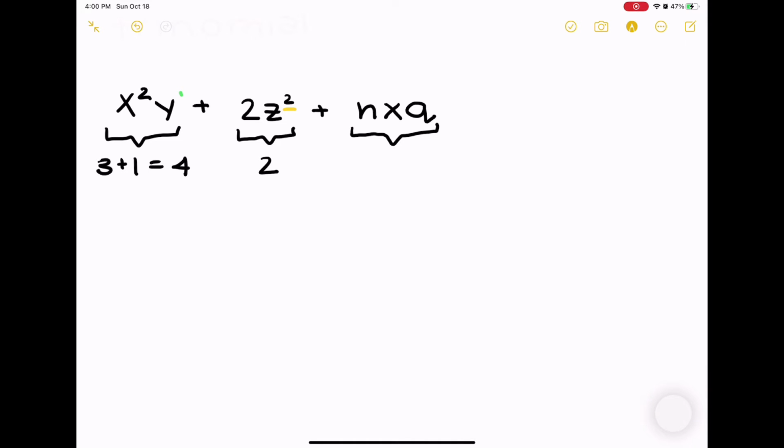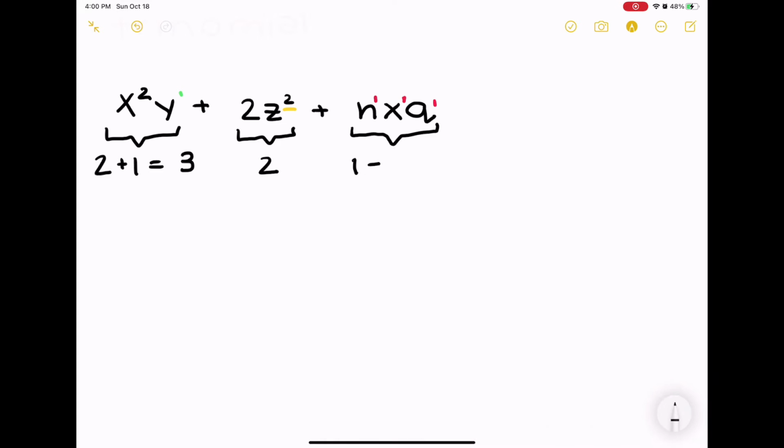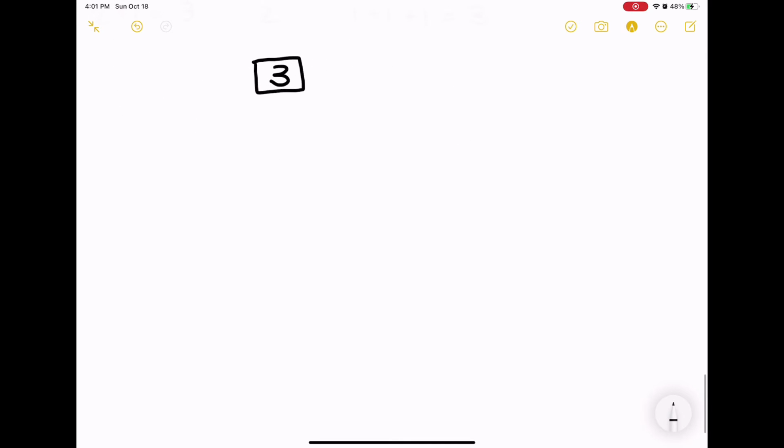Now this one we have to do 2 plus 1 because there's the invisible 1, and then if we add 2 plus 1 we get 3. For the last one, there are all those hidden ones, and if we add them all, we get 3. So the degree of this polynomial will be 3, because that's the greatest degree out of all of them that we've added.